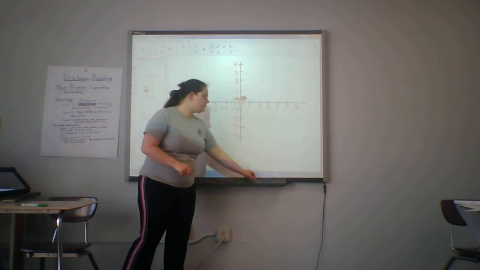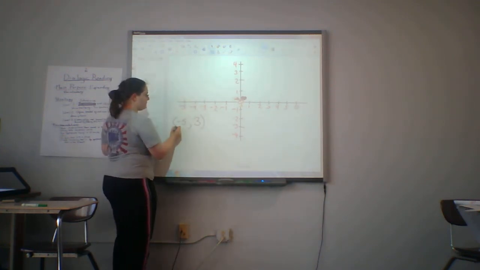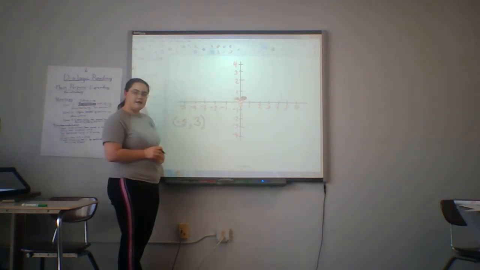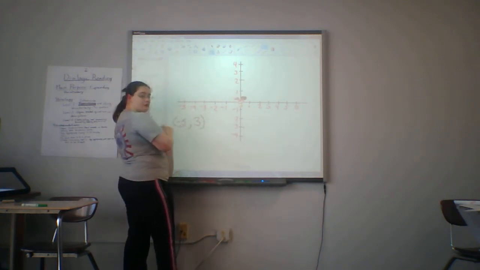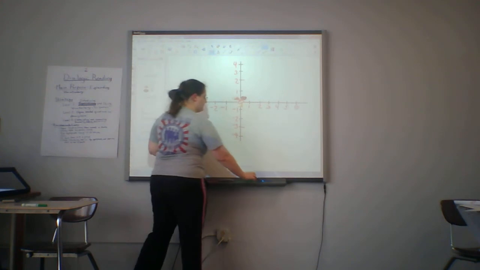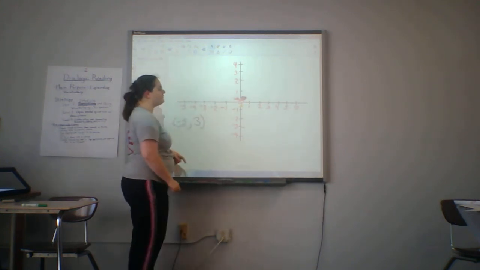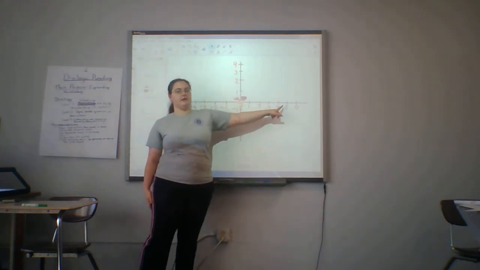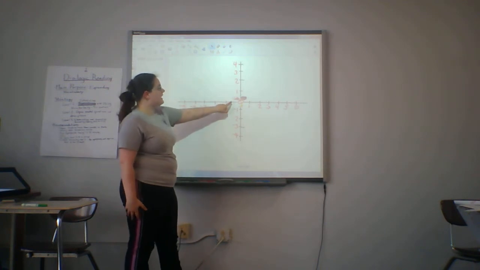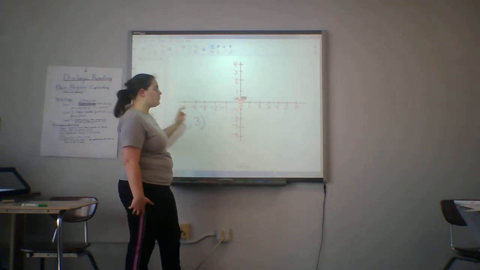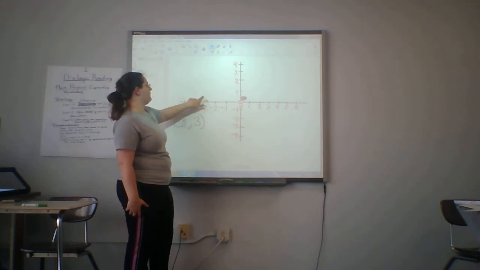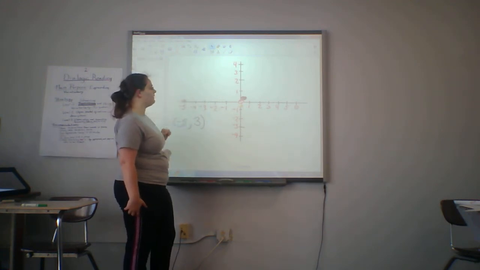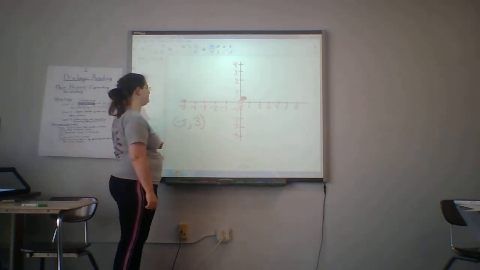Mr. Hermit Crab uses the first number, which is -5. So Mr. Hermit Crab normally moves in this direction. Today he's going to move backwards. All right? 1, 2, 3, 4, 5 to -5.